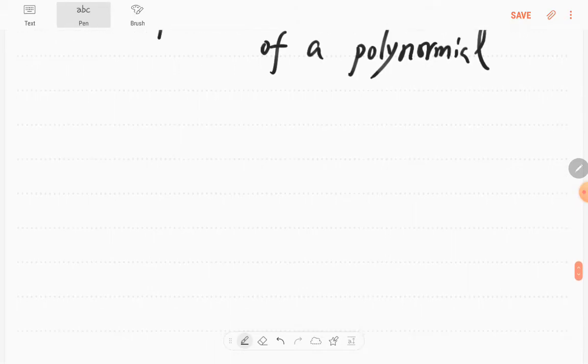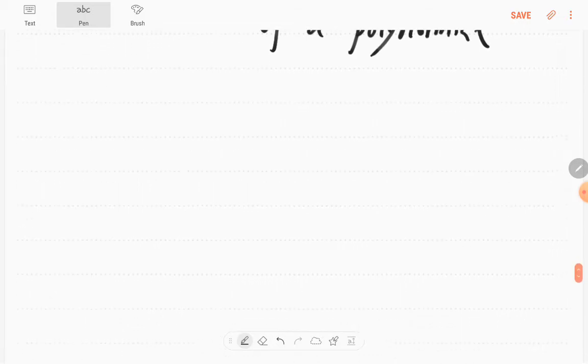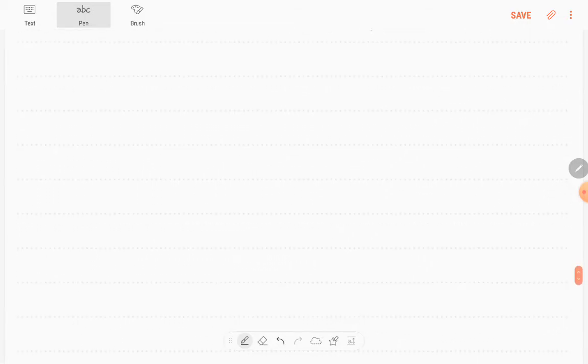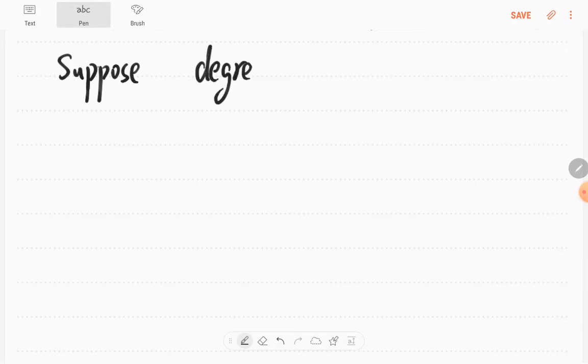So here is a very basic rule. You will see that suppose we have the degree of a function f of x is n.